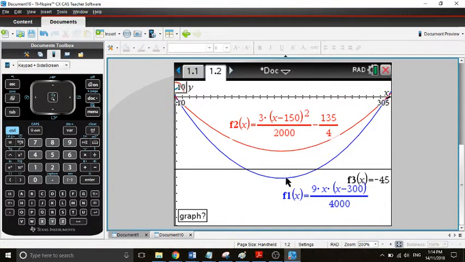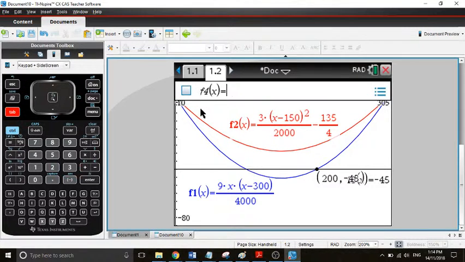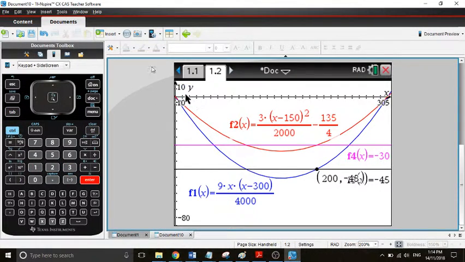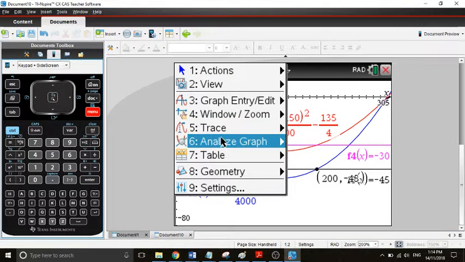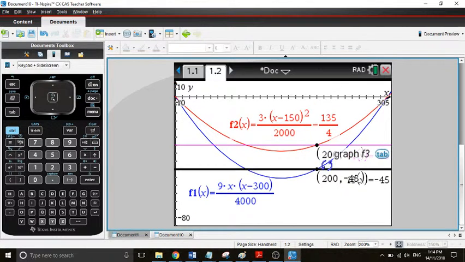Look at the intersection of that graph and that graph. So we're at 200 and negative 45, which is fine. And then we're going to have another one at negative 30. Look at the second graph. Analyze intersection between the red and the pink. It's happening at 200 and negative 30, which is exactly what we want.